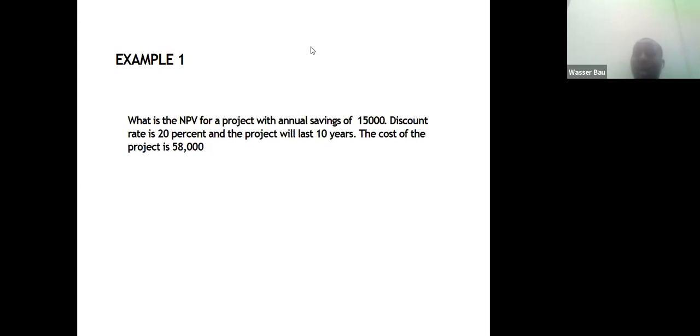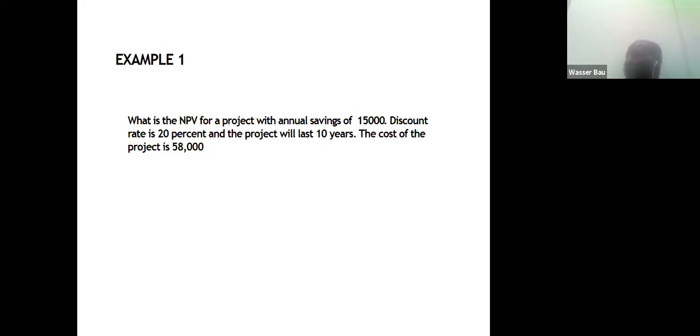And the project will last for 10 years. It means after 10 years, the project will have almost zero or zero salvage value. And if you're lucky, you don't have negative. The cost of the project is 58,000. In other words, the initial cost of investment is 58,000.